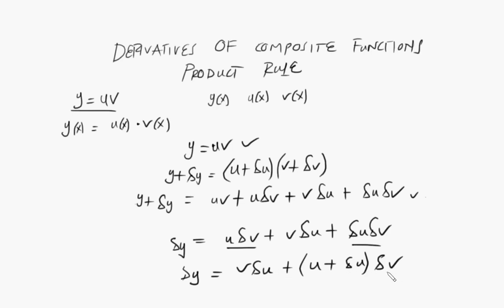I want to have one delta v and one delta u. Remember, I am trying to find the derivative of y equals uv by first principle. Delta y is equal to v delta u plus (u plus delta u) times delta v.